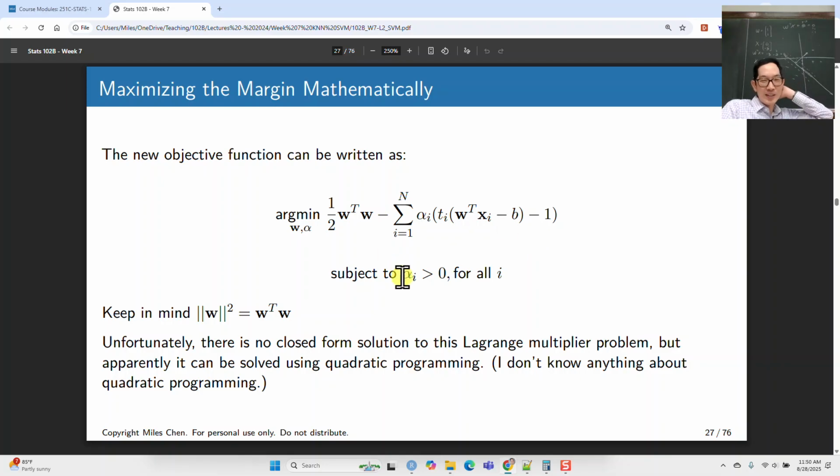All of our Lagrange terms have to be greater than 0, and this applies for every single data point. There's not a closed form solution, but it can be solved using quadratic programming. I'm not familiar with quadratic programming, but apparently it can be done with an iterative search on a computer, and it will find the solution.